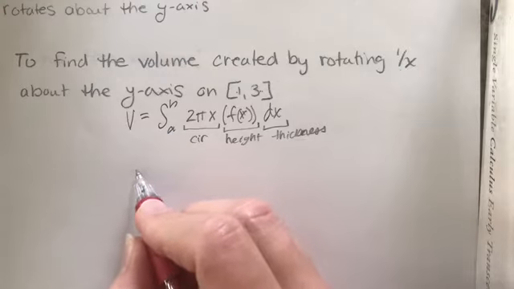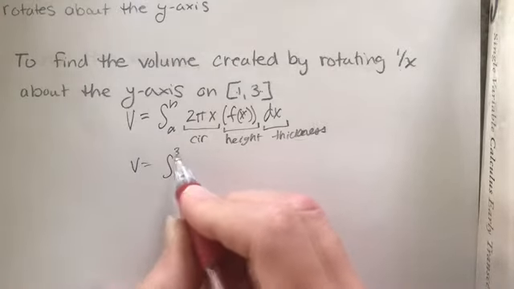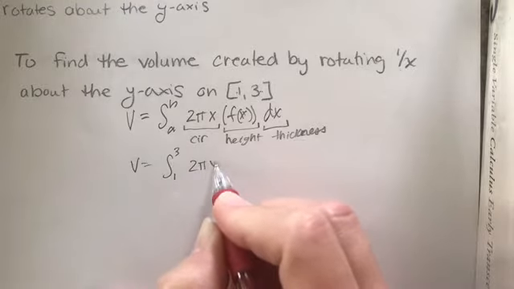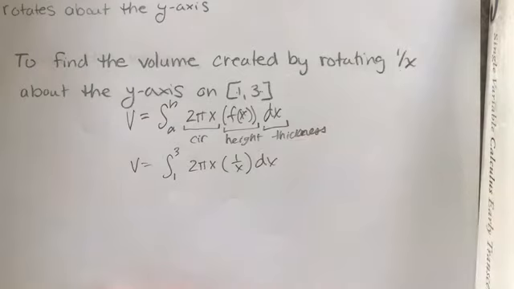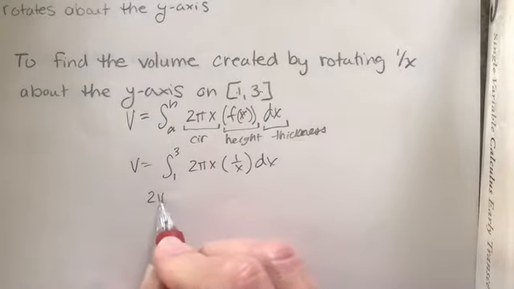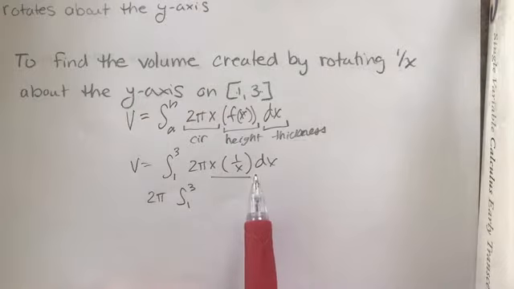So we're going to say volume equals the integral from 1 to 3 of 2 pi x, f of x is 1 over x, dx. So we plug that in. Remember, we're integrating in terms of x, so anything not involving x we can pull out front. So 2 pi, from 1 to 3. And then what happens when you multiply x times 1 over x?